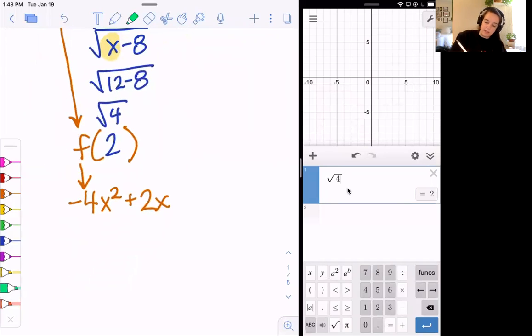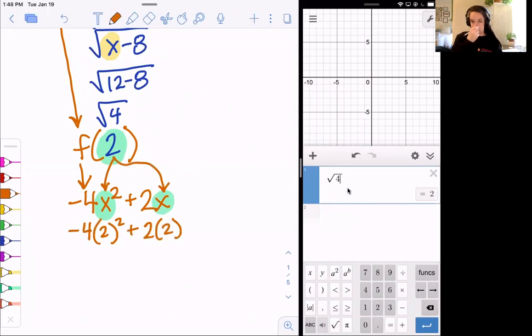I'm going to substitute in the 2 for x, but also over here for x as well. If there are 2 x's in my equation, I'm going to plug the 2 into both places. So I have negative 4 times 2 squared plus 2 times 2.